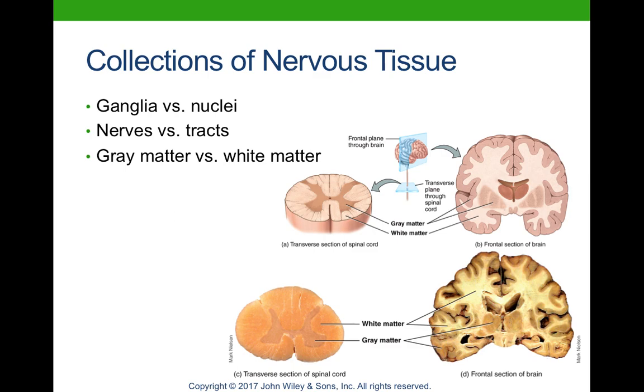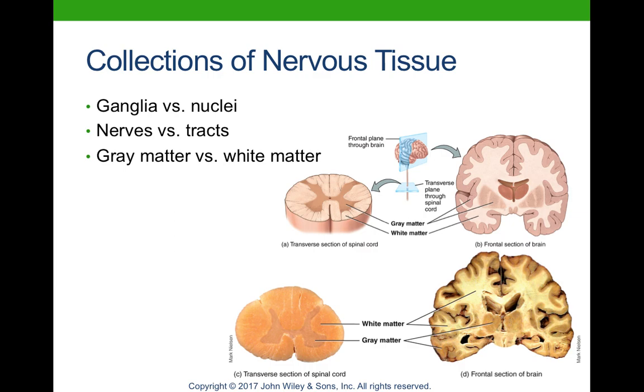As you will begin to notice, similar structures can have different names dependent on nervous system location. Nerves versus tracts: nerves are groups of axons located in the peripheral nervous system, while tracts are groups of axons located in the central nervous system.